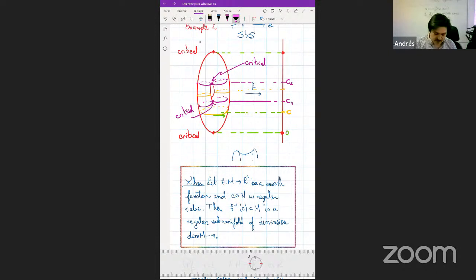Right? So on example 2, those ellipses or circles are submanifolds, and that's true.